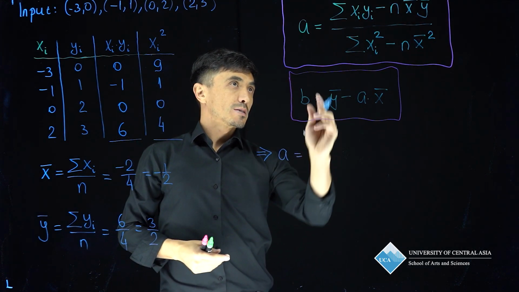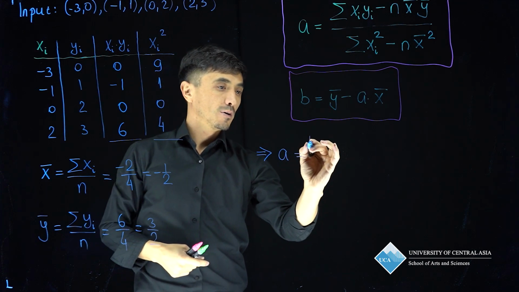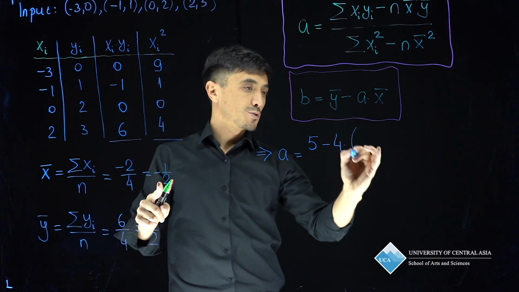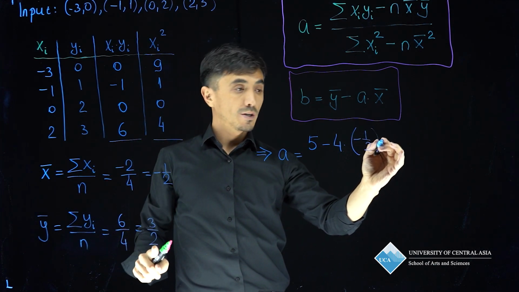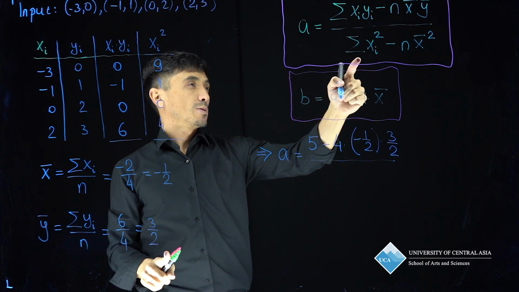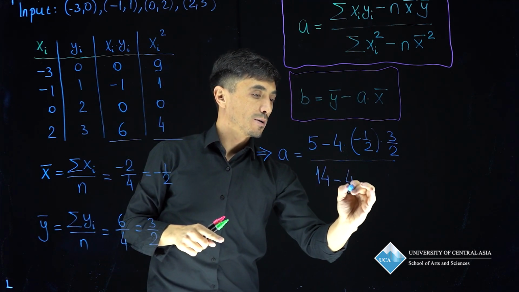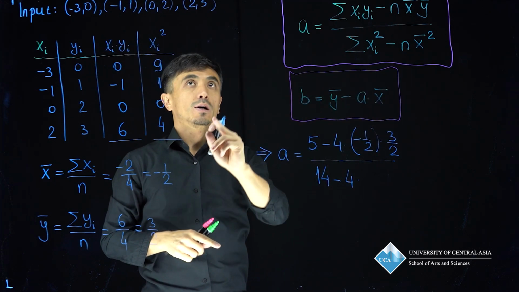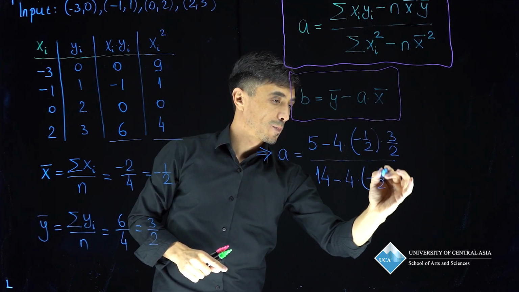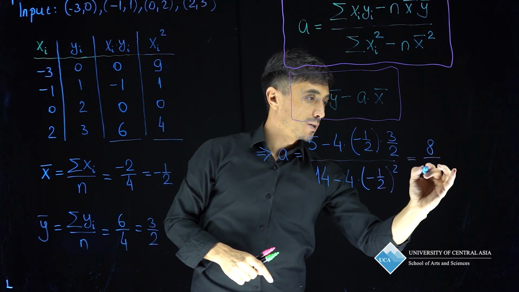A is going to be the sum of x times y, the sum of this column, which is 5. 5 minus n, which is 4, multiplied by x bar, -1 over 2, times y bar, 3 over 2, divided by the sum of squares of x values, which is 14, minus 4, because n is 4, we have 4 values, multiplied by the square of the average of x. So it's -1 over 2 squared. If you calculate it, you can see that this is going to be 8 over 13.